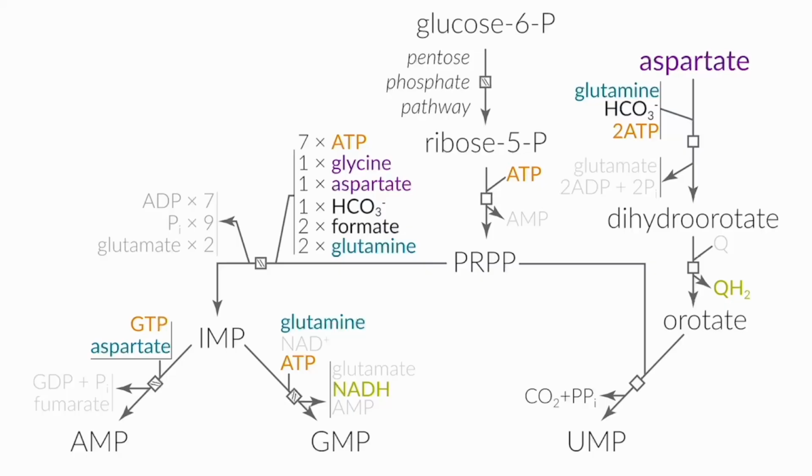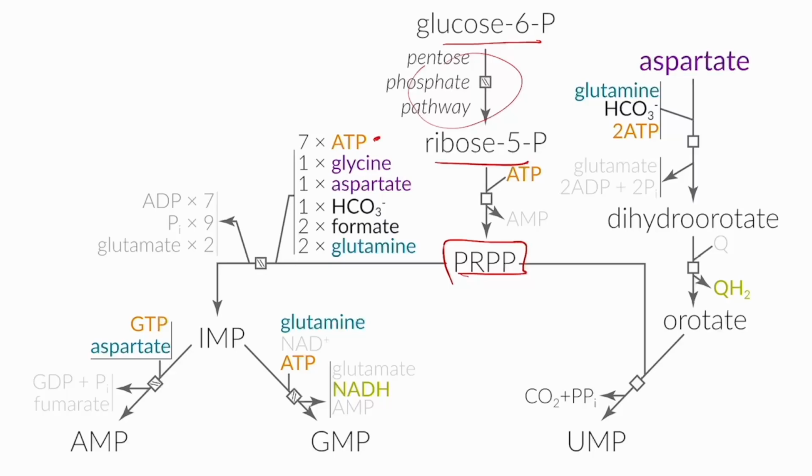Here's the same information I just showed you, with a lot more information on top. We're showing what sorts of stuff is getting put in. We have our glucose 6-phosphate up here, a very central carbon intermediate. Then the pentose phosphate pathway, this complicated network of reactions that ultimately gives us R5P. And then PRPP is at the center of everything. What I'd like you to notice here is all of the stuff that's getting invested.